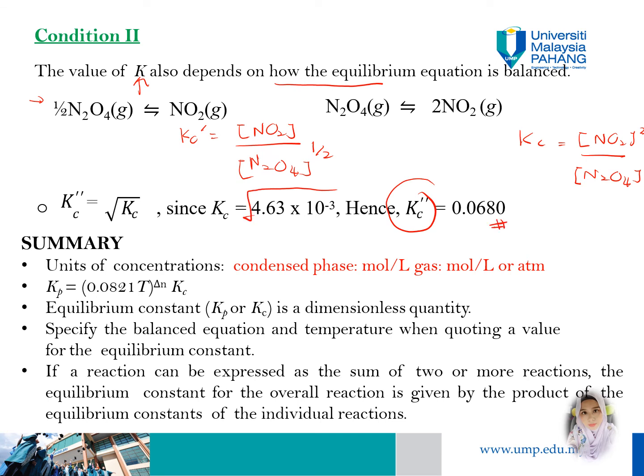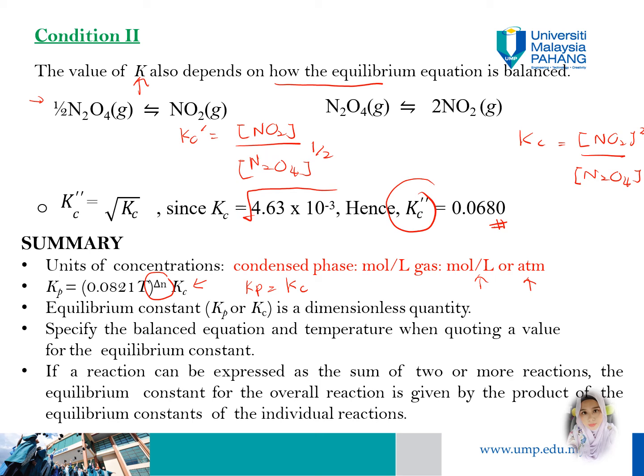The unit of concentration for the condensed phase is moles per liter, or in atm for gases. So Kp is equal to Kc times RT to the power of the change in number of moles of gas, products minus reactants. Kp is not equal to Kc, and Kp and Kc are dimensionless quantities.